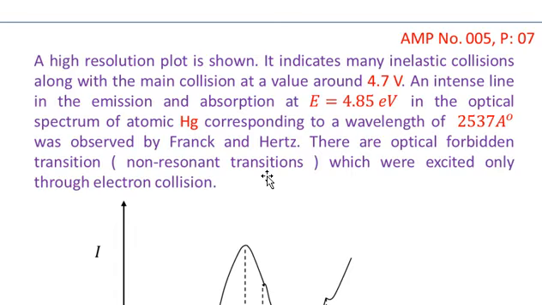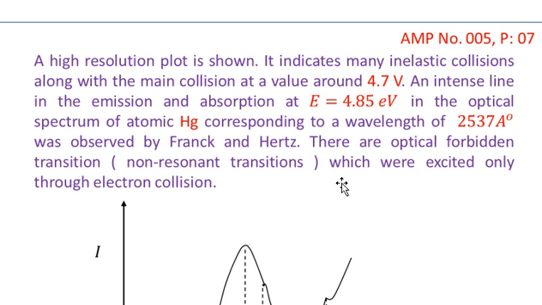So those will not decay and will not give off photons. So the photons corresponding to such optically forbidden transitions will not be noticed, but a dip or a change in the current in the given plot can be noticed.